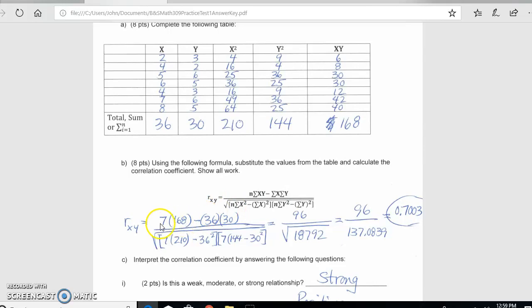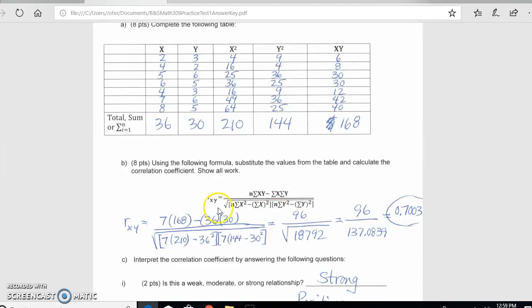And so I'm going to multiply 7 times the 168. When they're next to each other like this, that means multiplication. And then I'm going to subtract the sum of the x column, which is 36, times the sum of the y column, which is 30. And you see 36 times 30 right here. Now when I do this calculation in the numerator, I end up with 96.